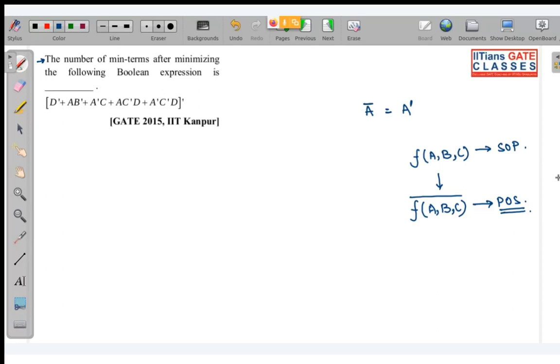Or else let us do one thing. Let us solve this question after understanding K-maps. First let us see what a K-map is. Any answers? We can even solve it over here. It's okay.